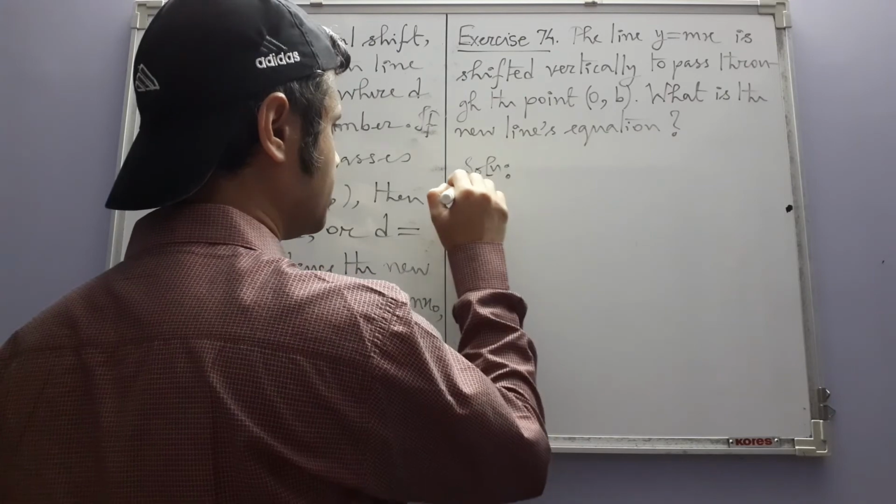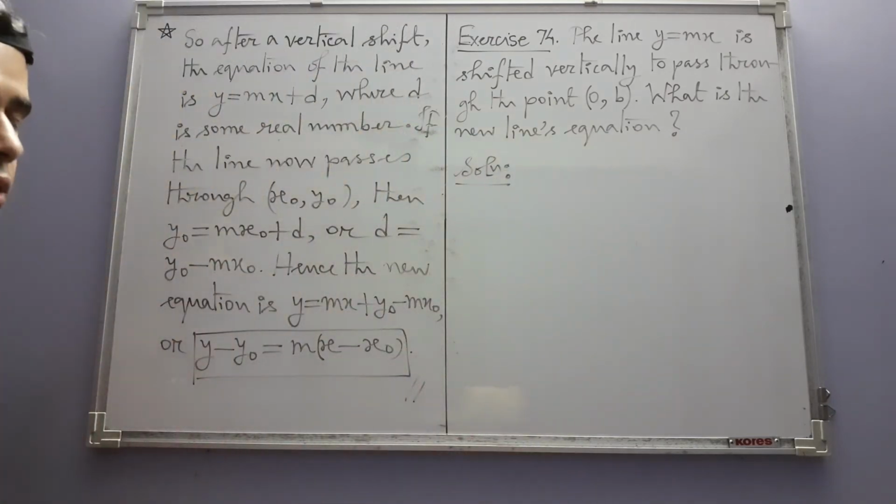Now that we have the point slope form of the equation, we can directly write the equation.